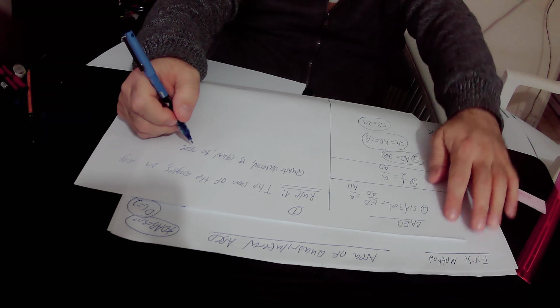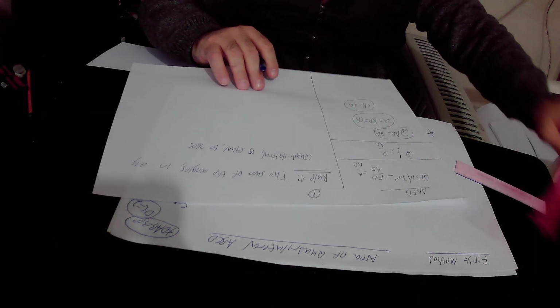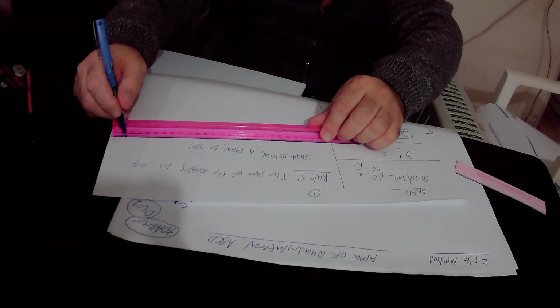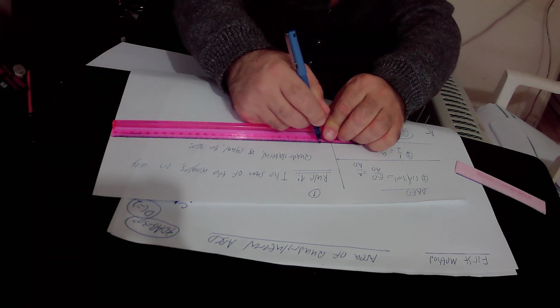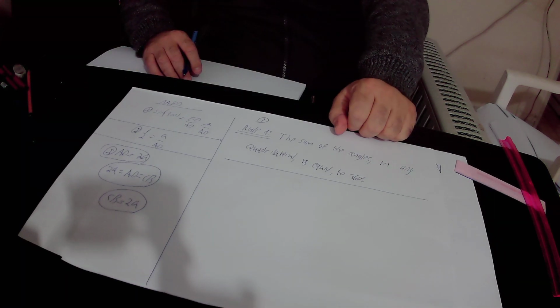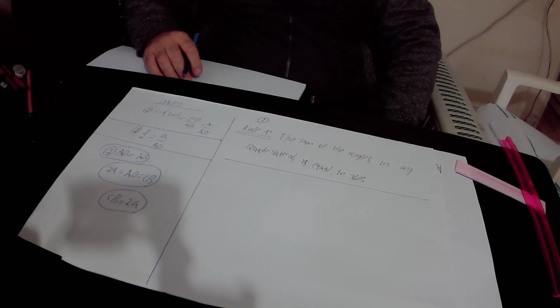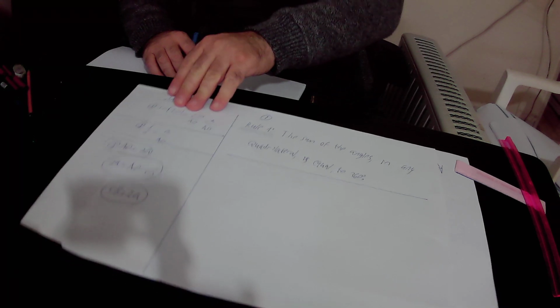I'll repeat again, according to rule number 1, the sum of the angles in any quadrilateral is equal to 360 degrees.